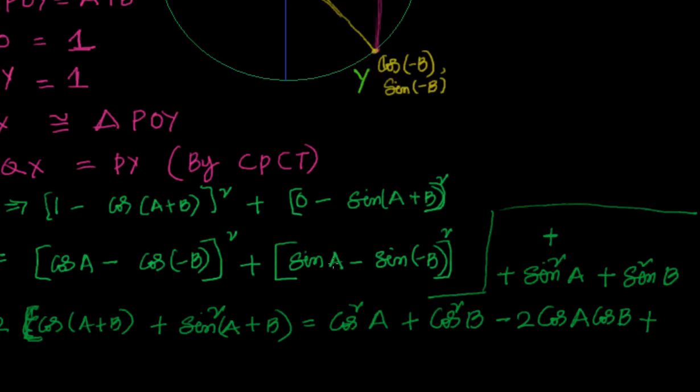It becomes 2 sine A into sine of minus B, that is minus sine A sine B, and there is one minus, so that is minus of minus. This becomes 2 sine A sine B.